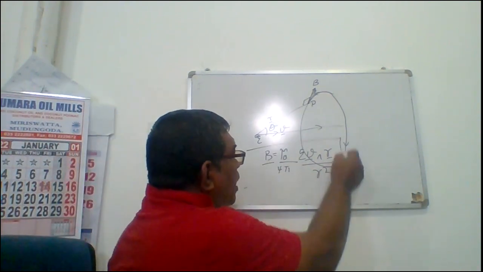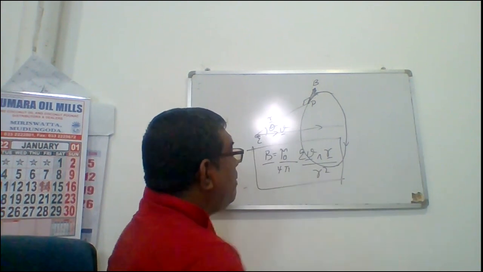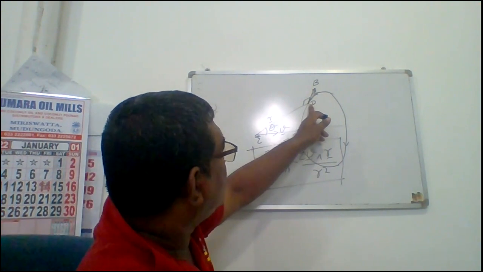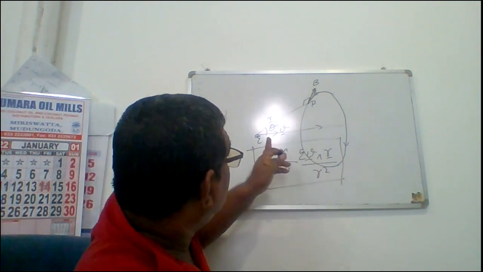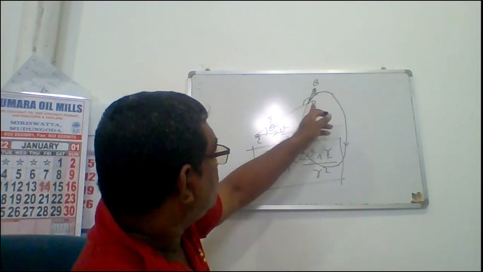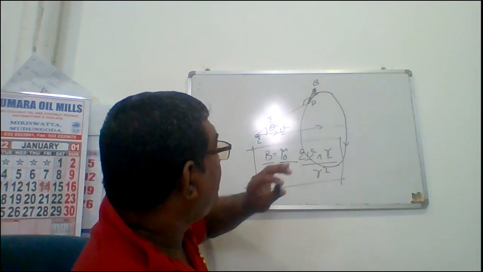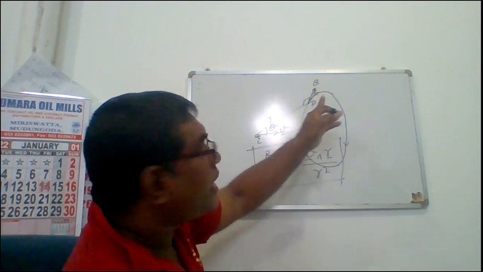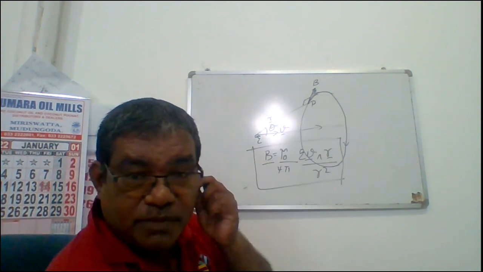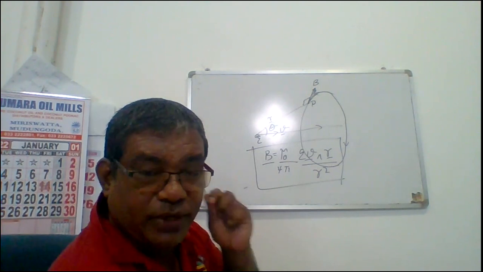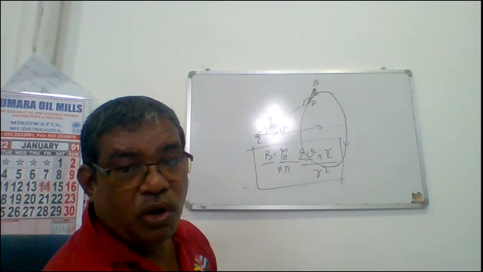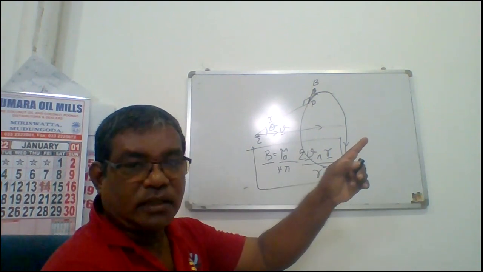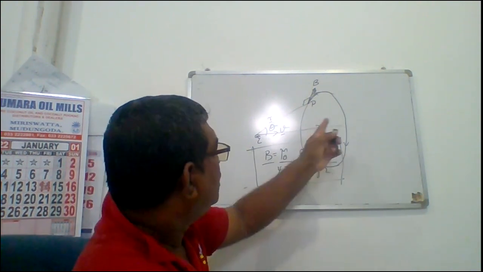So this is the way we represent the magnetic field at distance R. We have selected this point, and the distance from Q to P is R, and the vector in that direction is R dash, right?